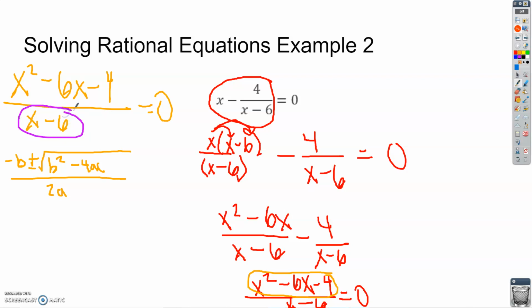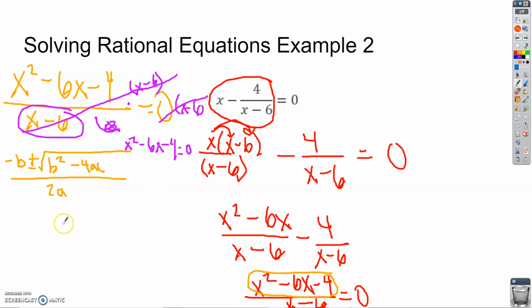So, since you can't factor it, we'd have to use that, but before I do, I'm going to get rid of the fraction. So I'm going to multiply both sides by x minus 6. So that will cancel, and the right side is still 0. So now I have x squared minus 6x minus 4 equals 0.